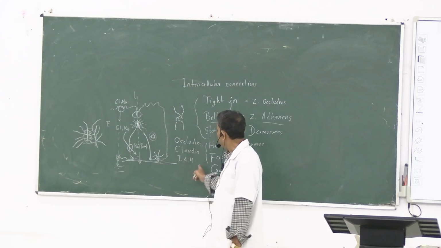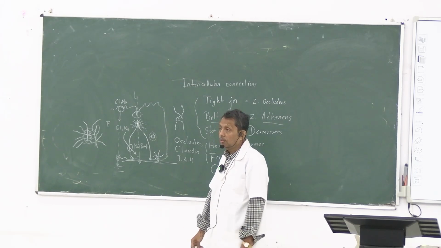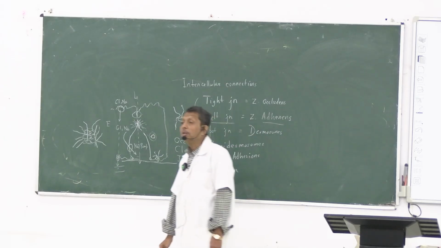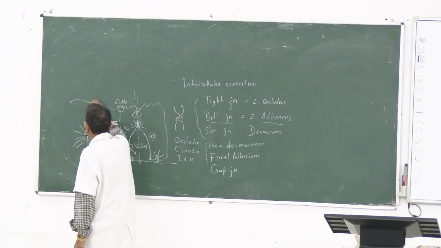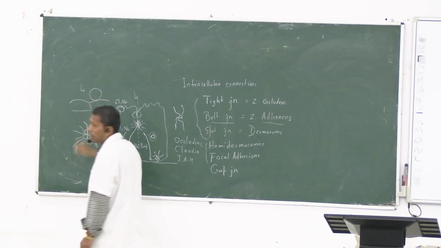In some cases there are focal junctions and they are related to movement of the cells. Suppose it is an epithelial cell of a capillary and it is the lumen, and a cell may attach temporarily.